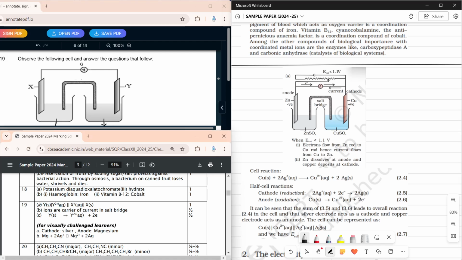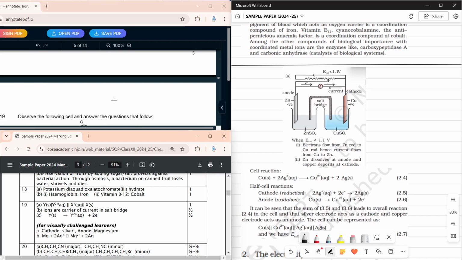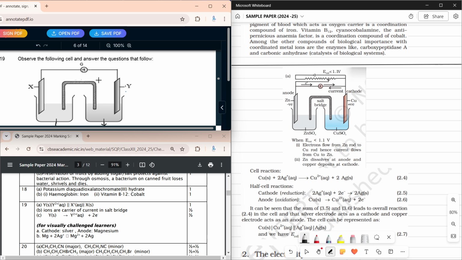According to the answer given in your marking scheme, it seems that the anode for this is this electrode. Y is the anode and X is the cathode. The only reason I could find for this to be the case is that this actually has a minus sign over here. So maybe that's why this is considered to be the cathode. However, I couldn't find a valid justification to be okay with this particular answer.